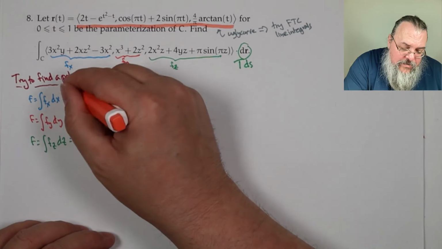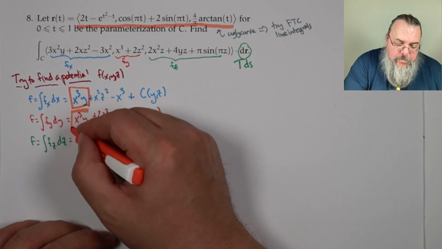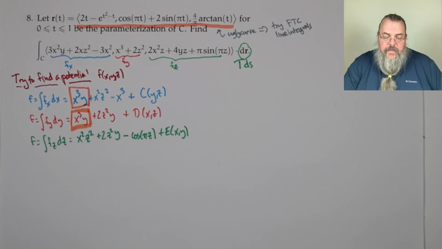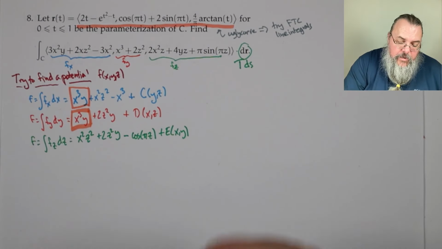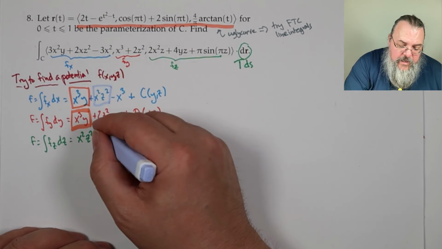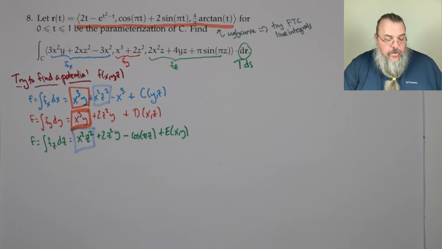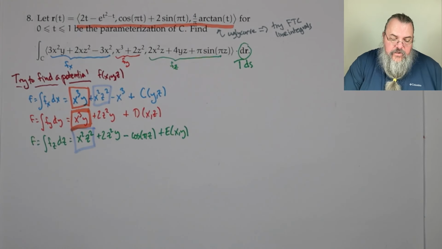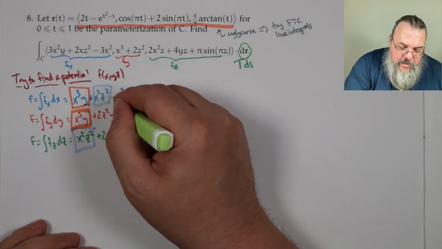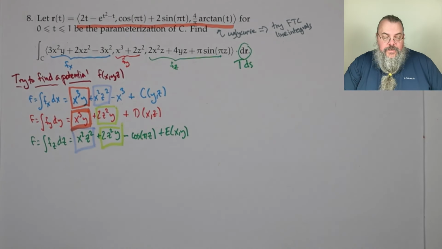So like this x cubed y, which was part of the x part, also has to show up in the part with the y. So that's a consistency check. That's good. The x squared z squared has to show up both in the x part and the z part. Good. The 2z squared y has to show up in both the y part and the z part, which is good.